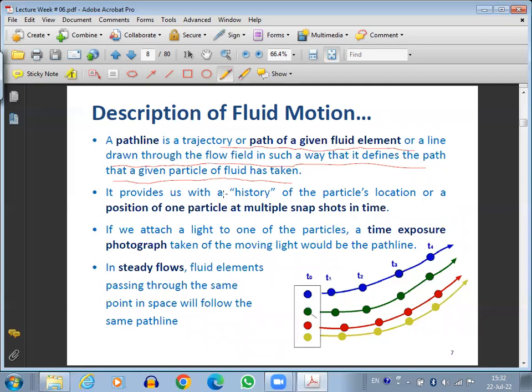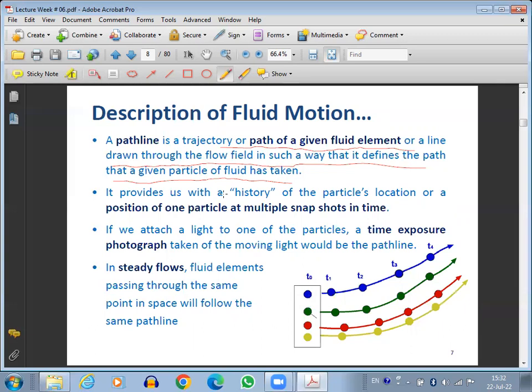Suppose a fluid is flowing through some point. What I do is take a small piece of tissue paper and put it in the fluid. Now the tissue paper is going to flow as the fluid flows, and I can actually see the tissue paper. The path followed by that tissue paper would be the path line.